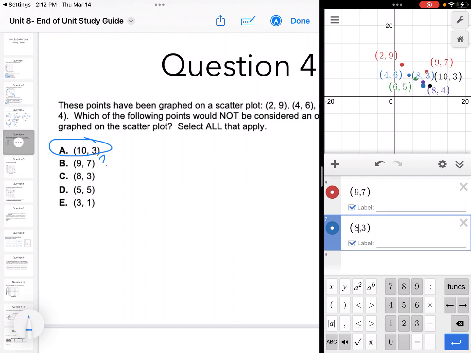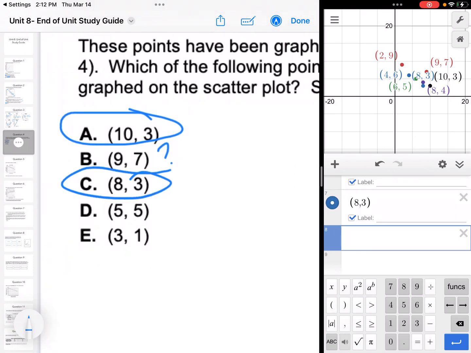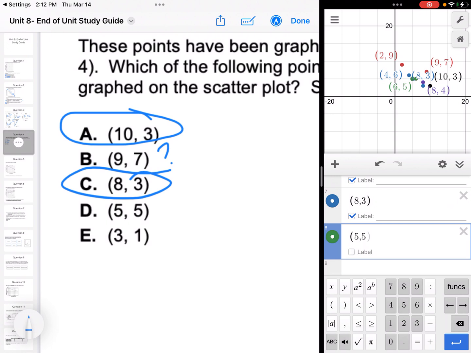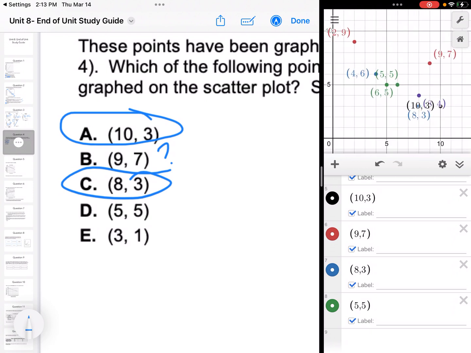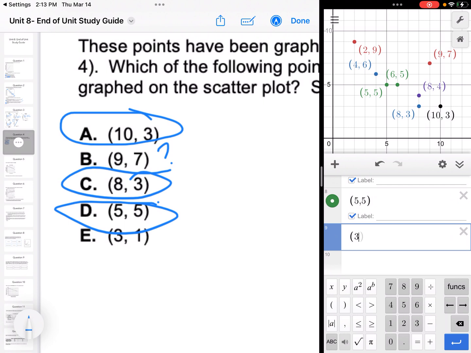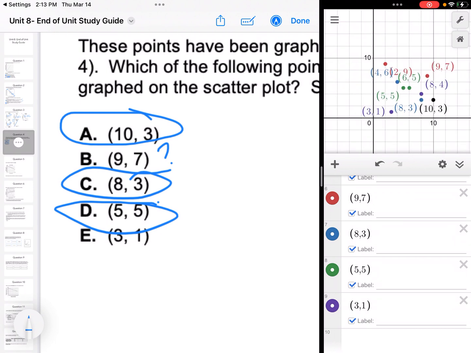So 8, 3 is still on the line. So that's not an outlier. 5, 5. 5, 5 is still in there, so that's not an outlier. And then 3, 1. Well, that's way outside the line. So this one would be an outlier. So A, C, and D would fit on the line.